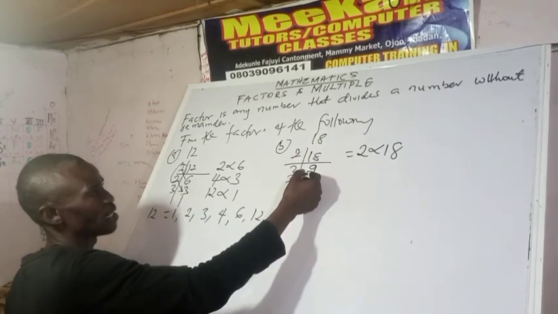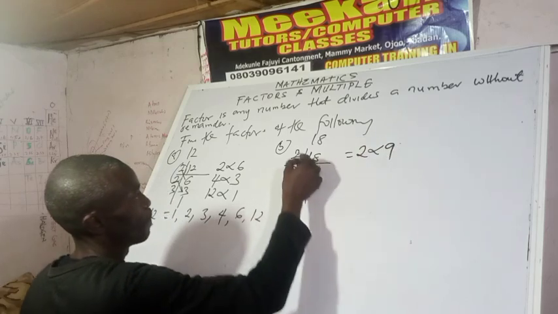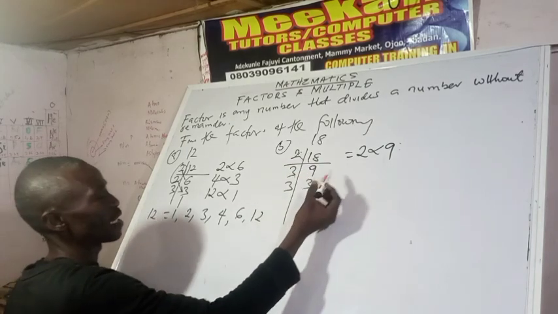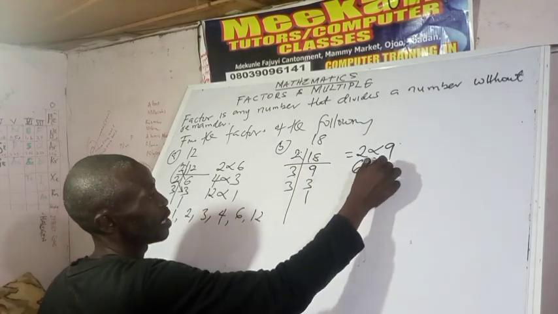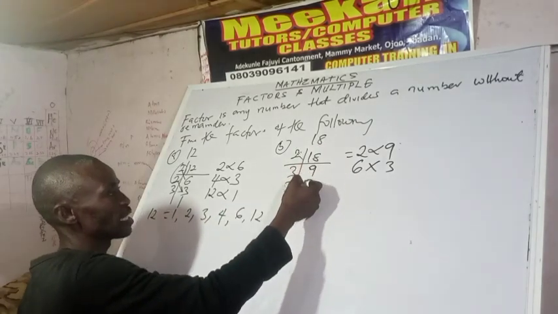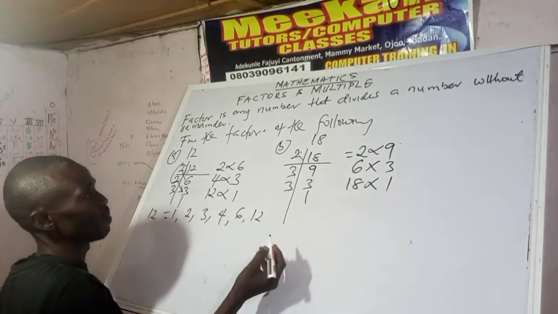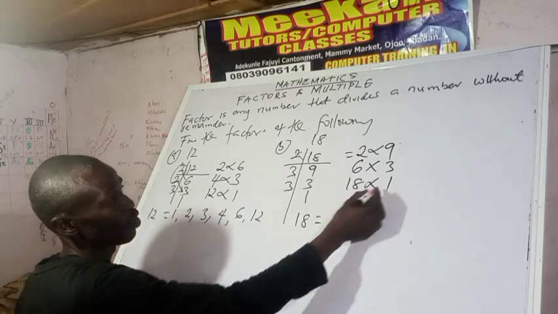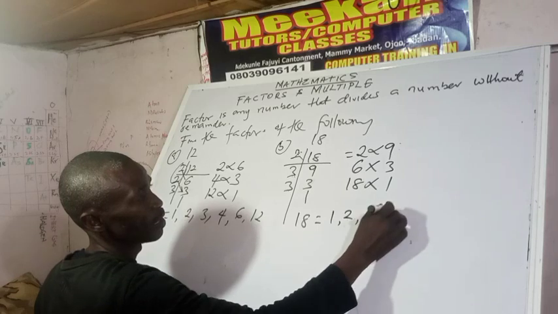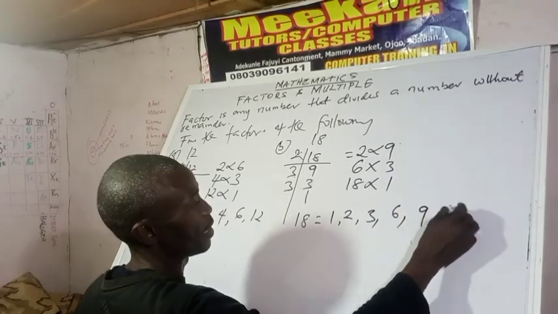The next one is 3 times 6, which still gives 18. Then 18 by 1. So the factors of 18 in ascending order are 1, 2, 3, 6, 9, and 18.